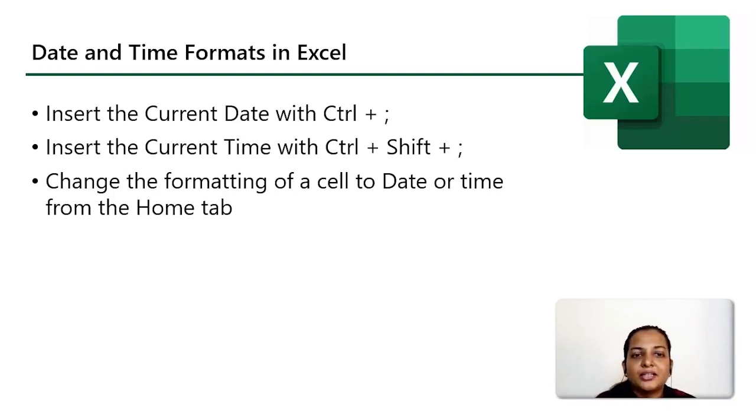But the way we are entering data into date and time, one shortcut that I can tell you is Control and semicolon. When you use Control and semicolon on your keyboard, it will print the system date of your system. Apart from that, you have the current time. When you want to print the current time, you use Control Shift and semicolon, which is basically Control and colon.